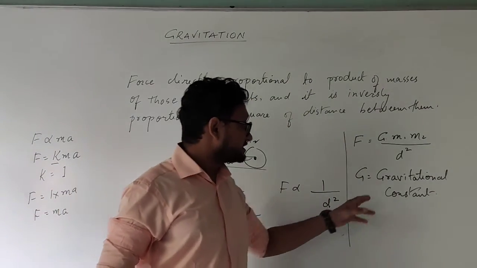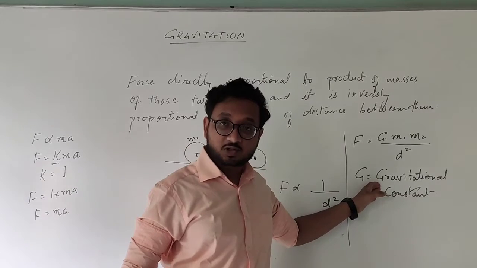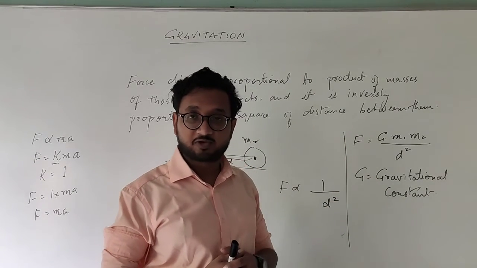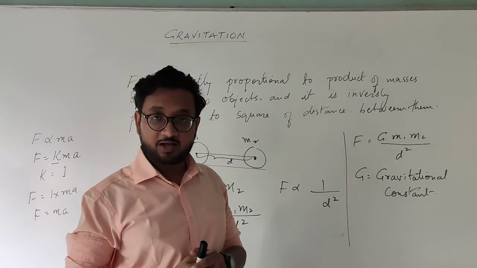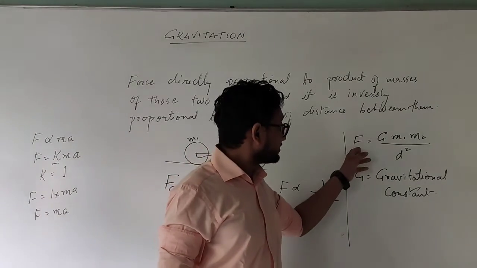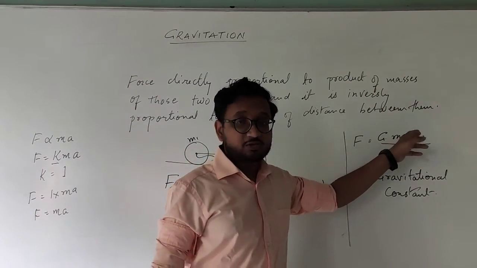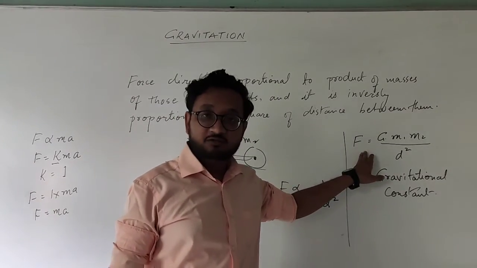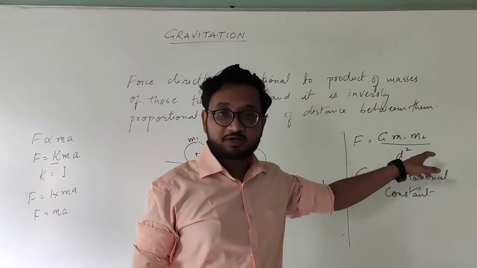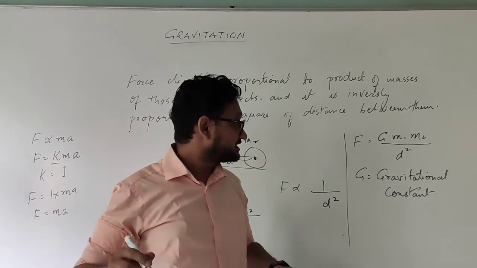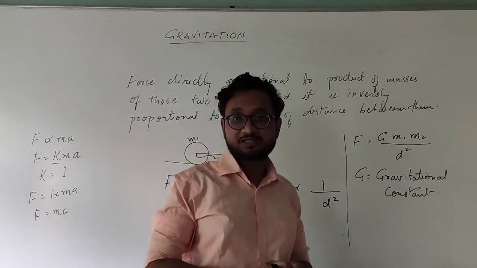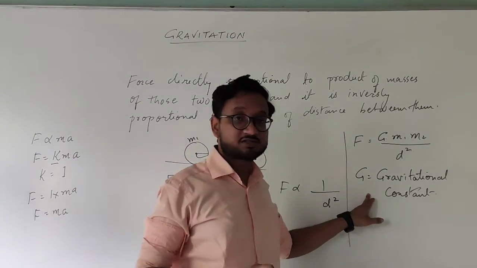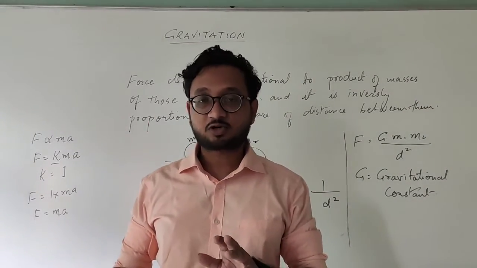Okay, this is the gravitational constant and its value remains always constant throughout the whole universe. Okay, I hope it is clear to you students. F is equal to G into m1 m2 upon d square. So the gravitational force is given by G into m1 m2 by d square, and G is the gravitational constant which remains constant throughout the whole universe, and that is why it is also known as the universal gravitational constant.